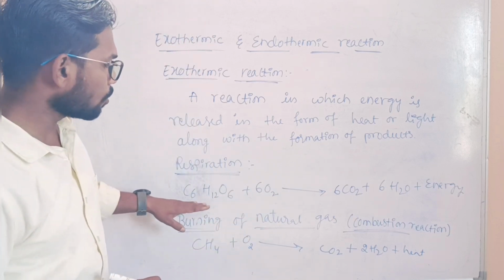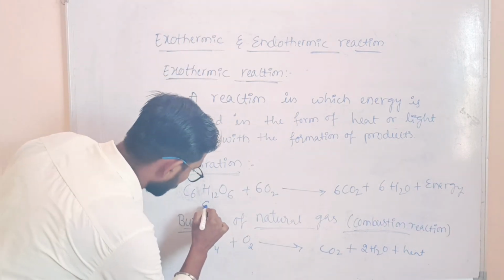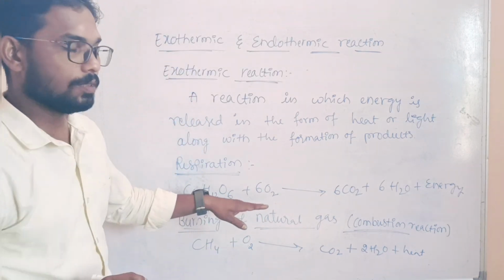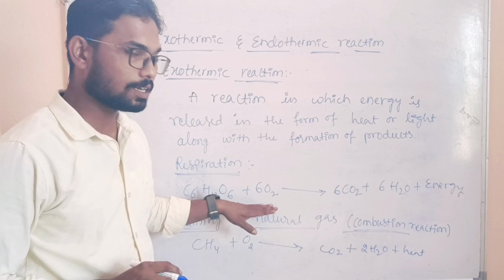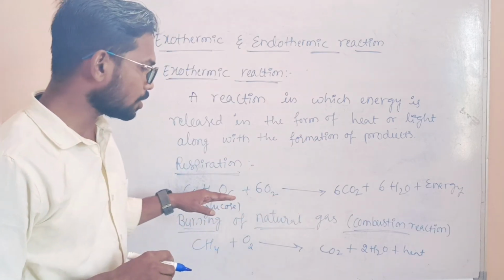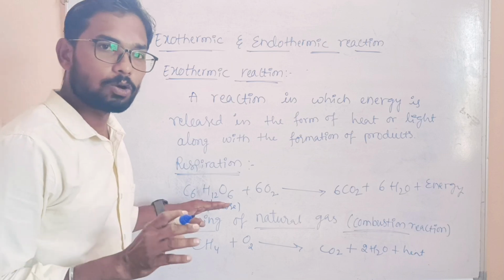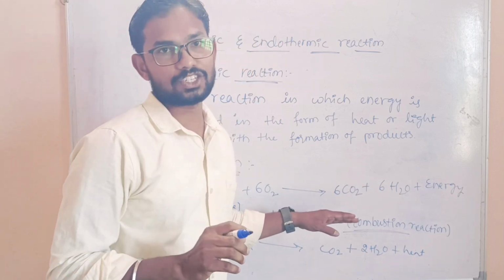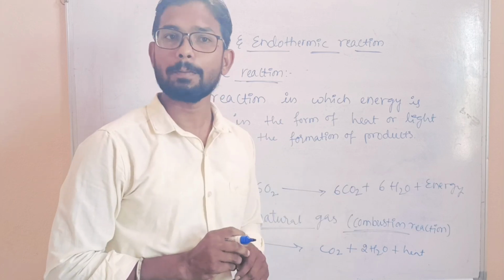So here a glucose is going to break down with the oxygen that we are going to respire, means inhale the oxygen. That oxygen is going to help us to break down the glucose molecule in the body, and they are going to release energy to the cells in the body.